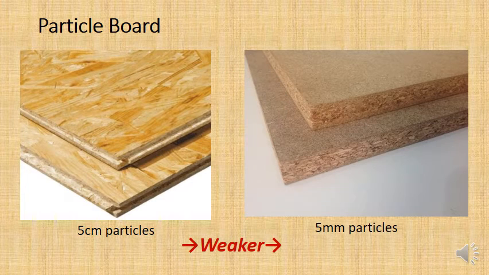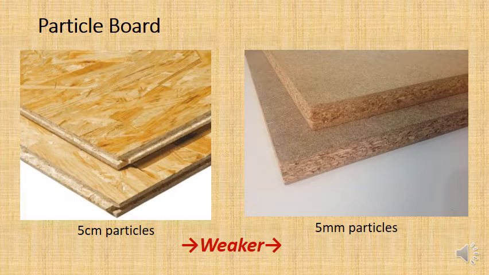So you can see here two different sizes of wood chips. Normally you would sort this out with a sieve or a wood chipper, but you can see the particle board on the left. That's using wood chips, which has an average of 5 centimeters in length.